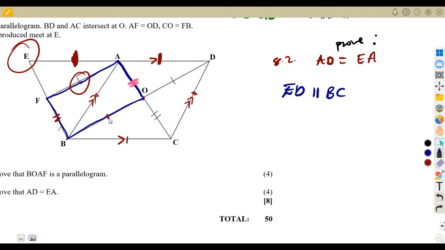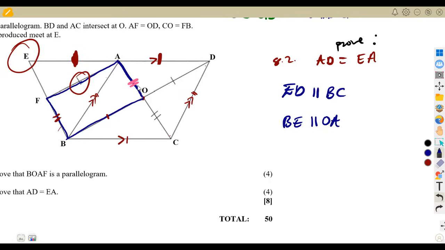And also we talked about the BF, this one, from the parallelogram, because we said these two are also parallel. Remember from the properties that we just proved right now, the whole of this BF, which is BE, because BF and AO are parallel. So it means the whole of BE is going to be parallel to OA.